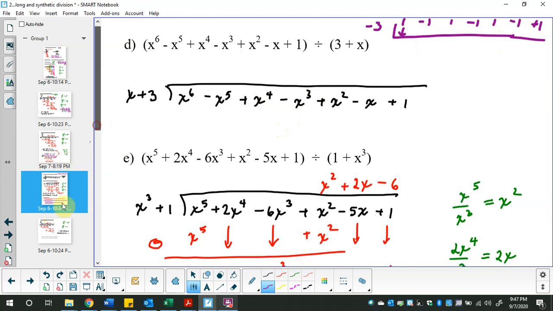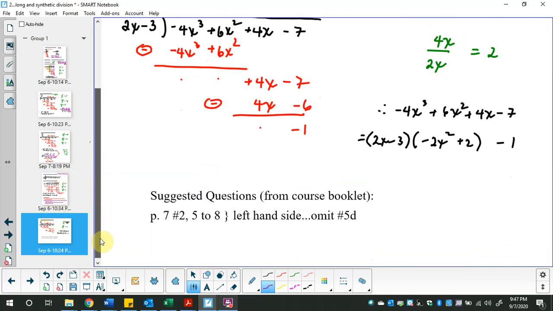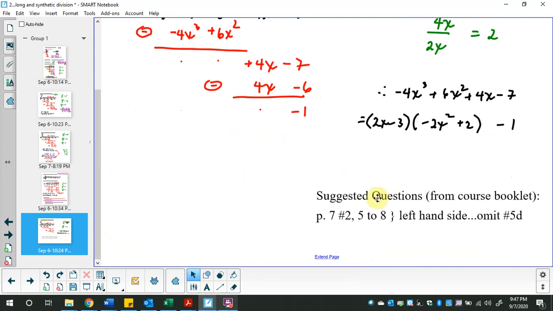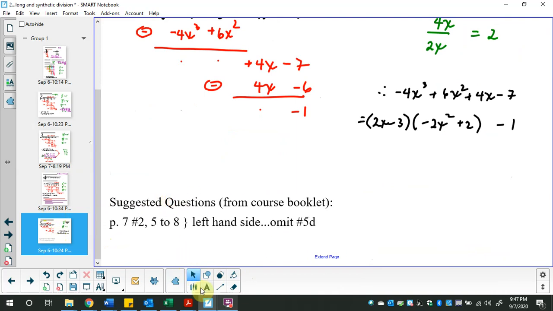The last question we'll look at is this one, just for practice. I'm just going to move this down a little bit. There are no other suggested questions. Actually, let's go here.